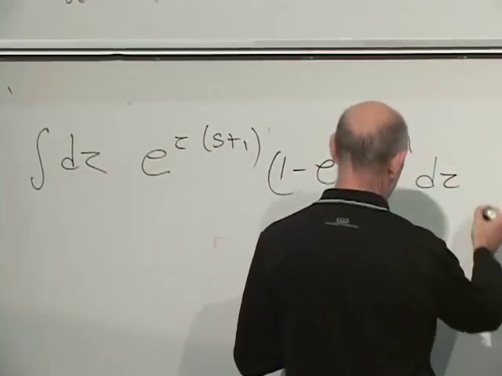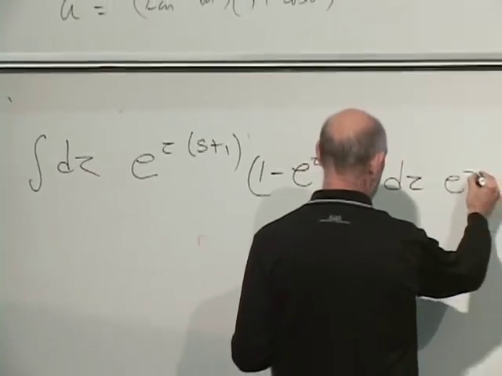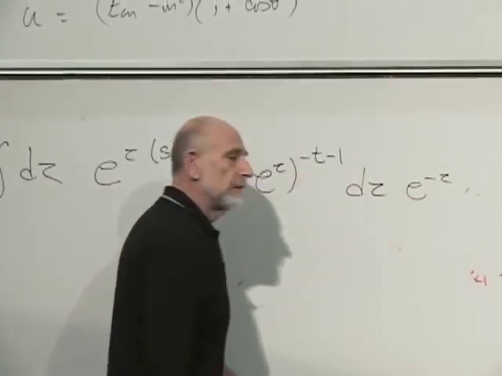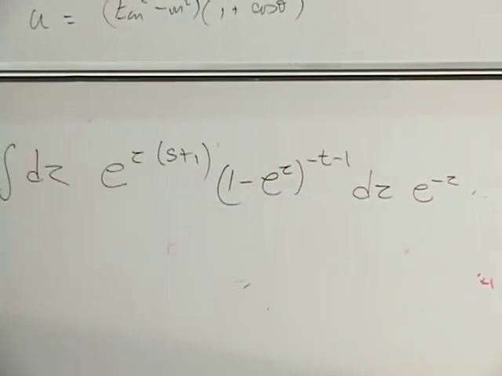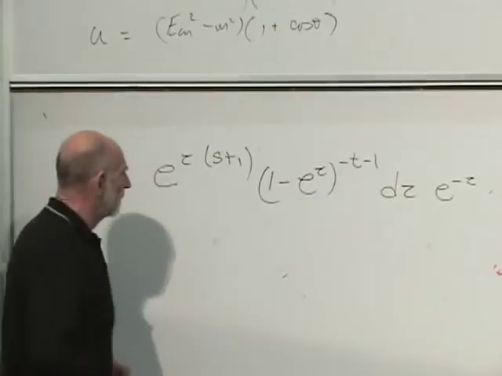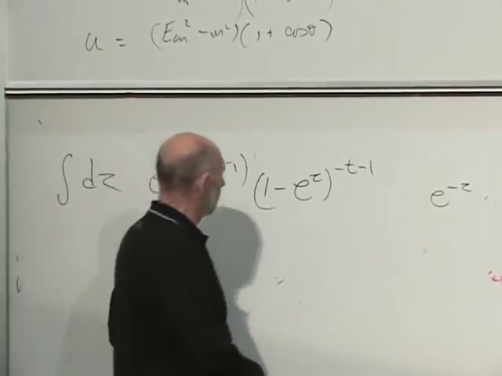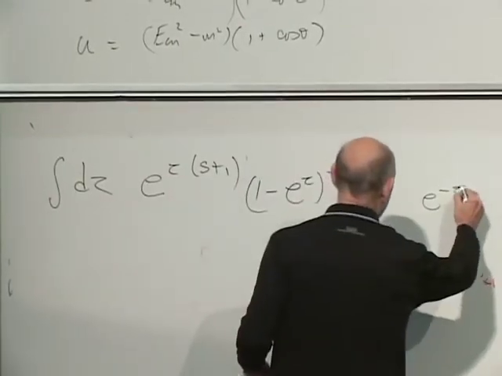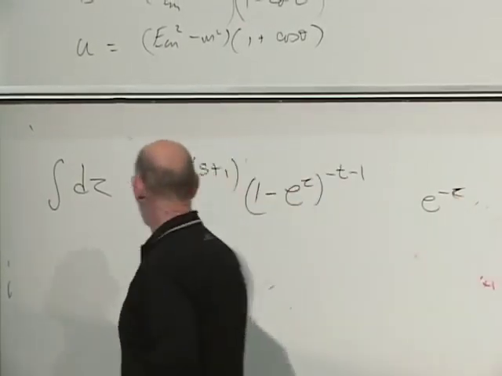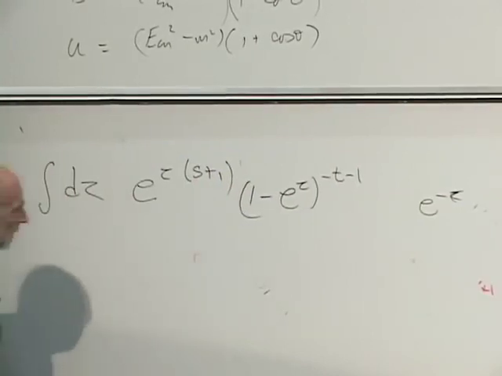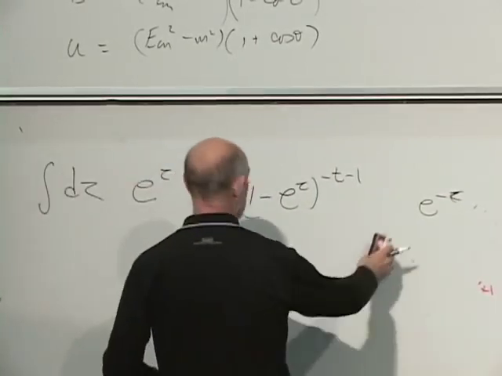There happens to be another factor, I think, of e to the minus tau in the integrand. You're right, I have d tau twice. E to the minus tau, yeah. It's not plus? The first term is tau times s plus 1?